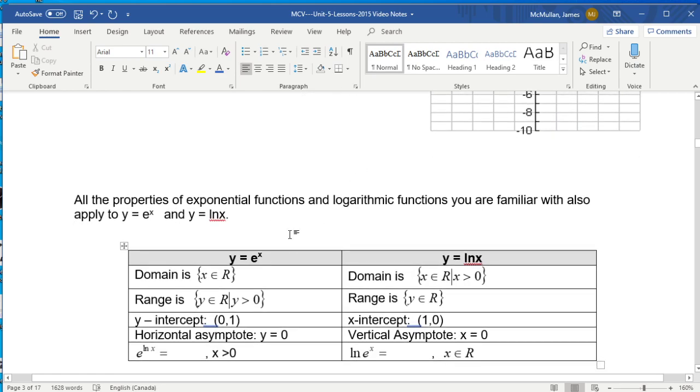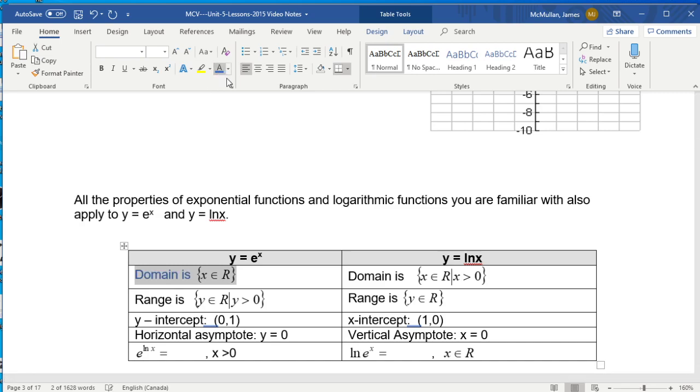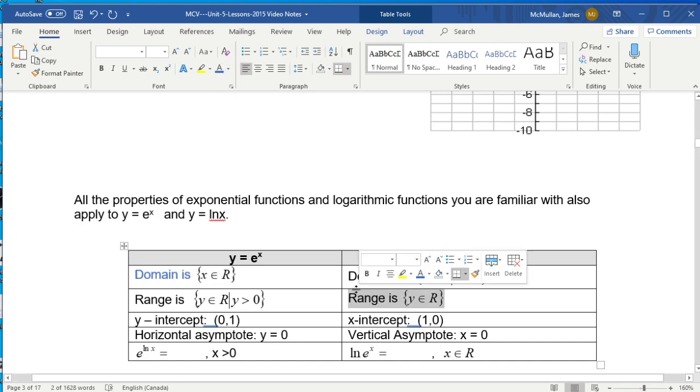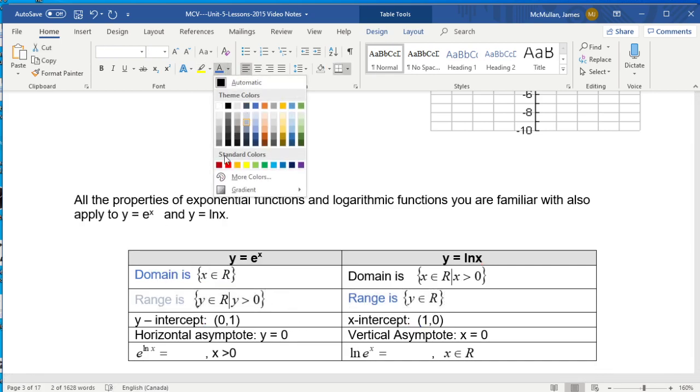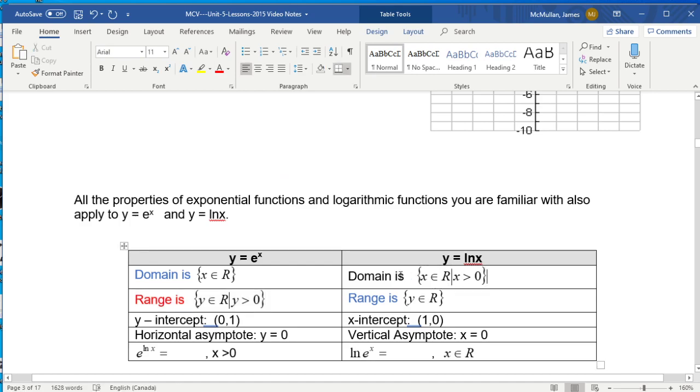So let's look at some properties. Remember, the domain of the exponential is the range of the logarithm, because the x and y's switch. The range of the exponential is the domain for the logarithm. Again, that's just a consequence of inverses, where the y and x switch locations.